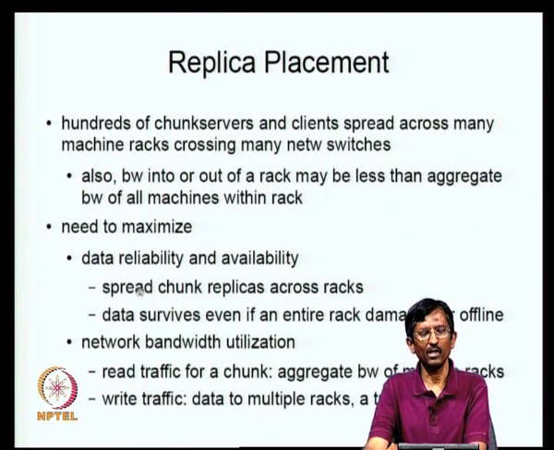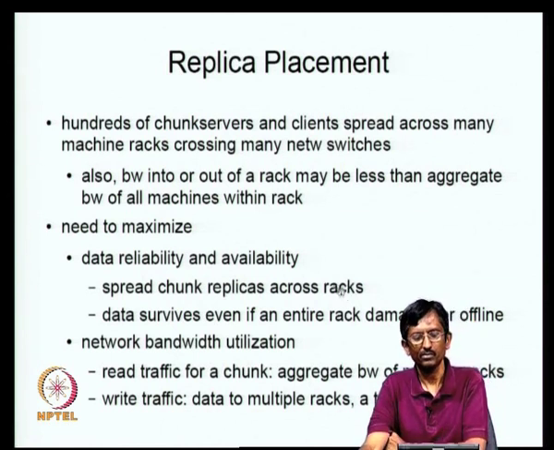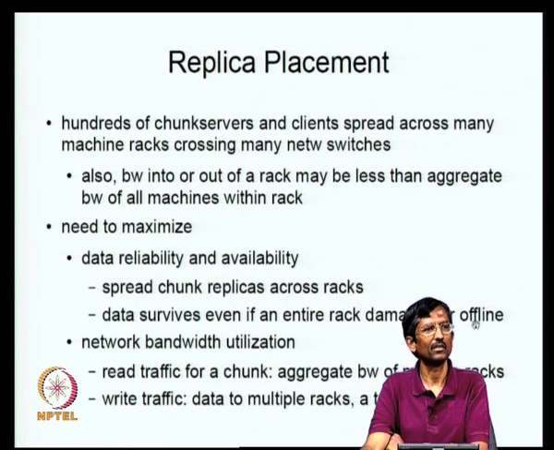And the way they do it is by making sure that the chunk replicas are spread across the racks. There are some positive things about this and some negative things about this. The positive thing about spreading chunk replicas across racks is that the data survives even if an entire rack is damaged or offline.